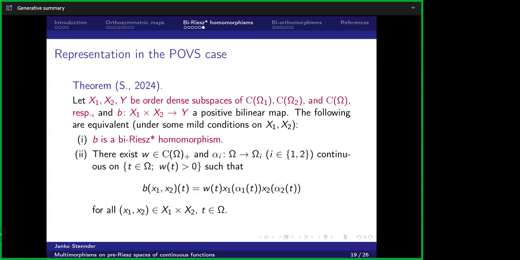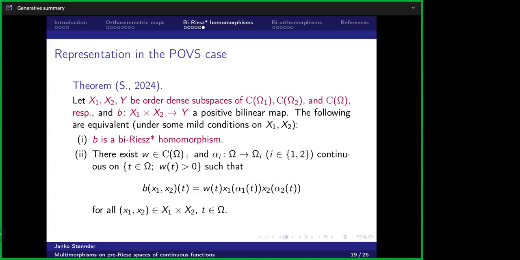This of course follows from the representation for the real valued homomorphisms, by patching together all the point evaluations we get to our alpha 1 and our alpha 2, and our scalars we patch together to our weight function. It's very technical to show that those are then continuous and everything works out. But yeah, that's a technicality. And then we get this kind of space.